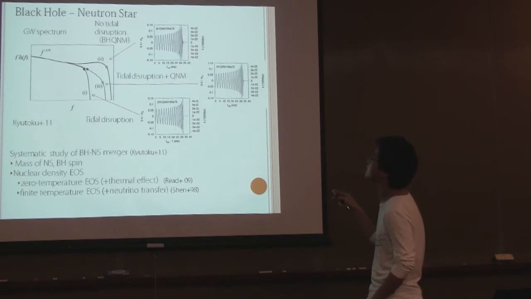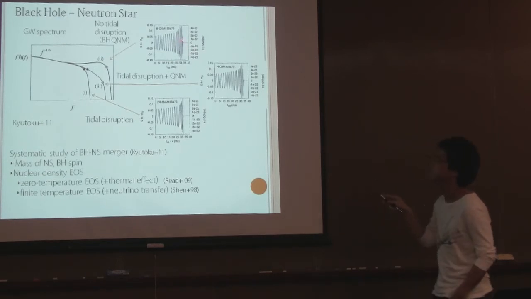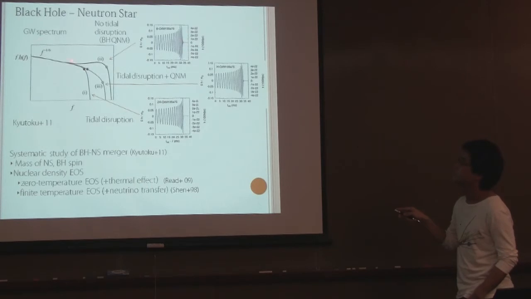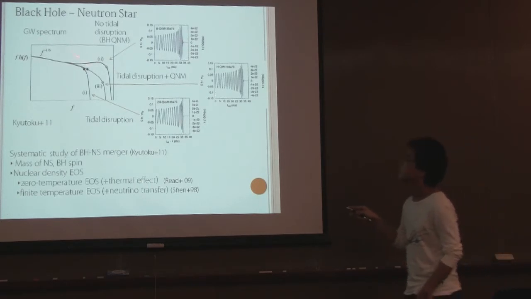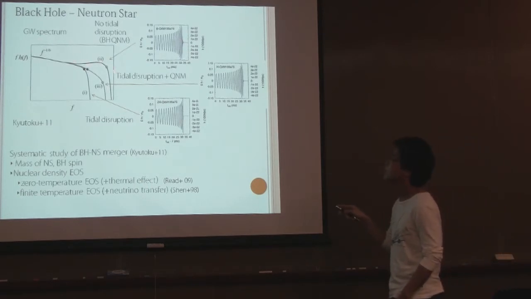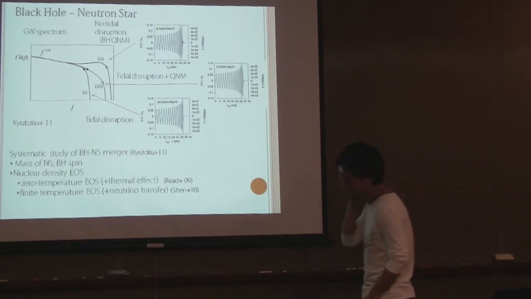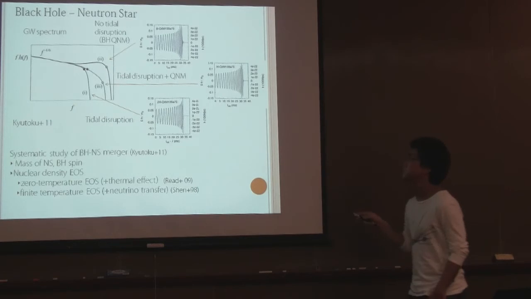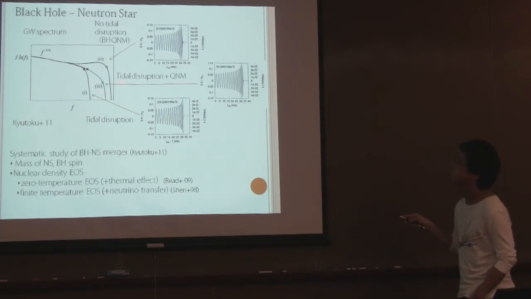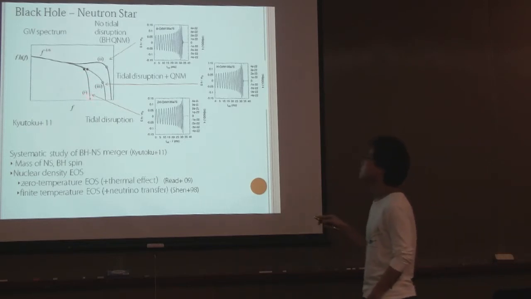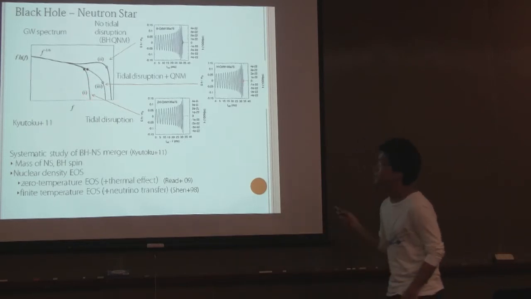In this case, the quasi-normal mode is efficiently excited, and in Fourier space, there appears a hump like the prompt black hole formation case of binary neutron star systems. The last one is a mixed case, and the spectrum of this case is shifted to the high frequency side compared to the first case because of the excitation of the quasi-normal mode.